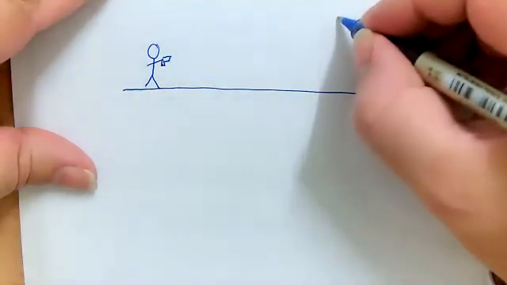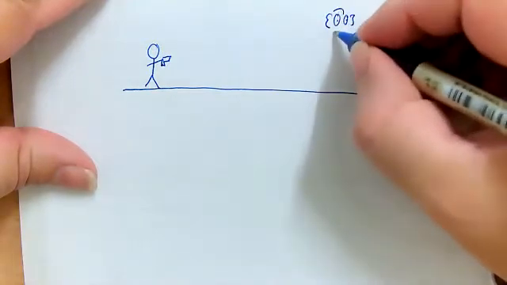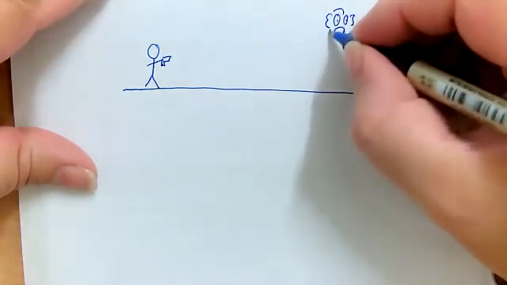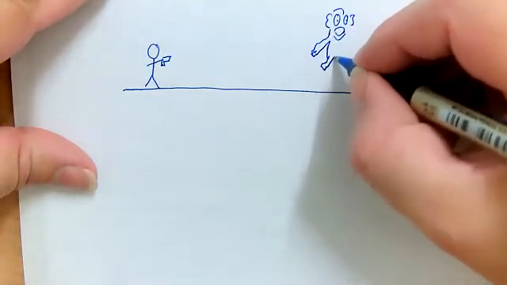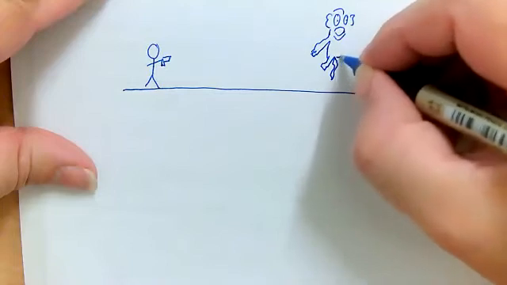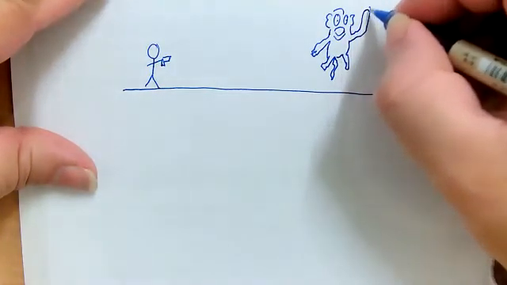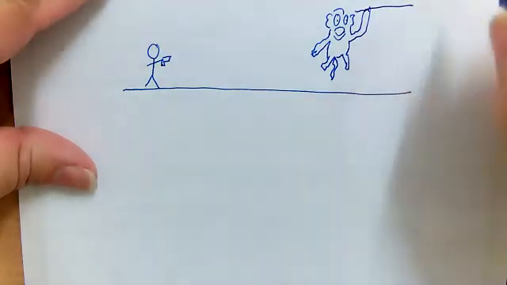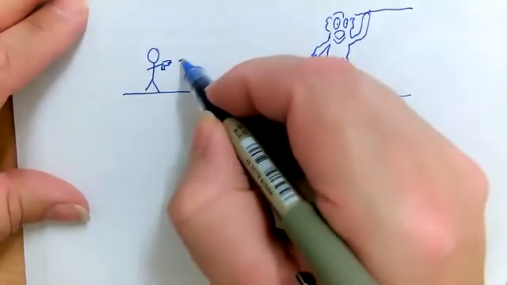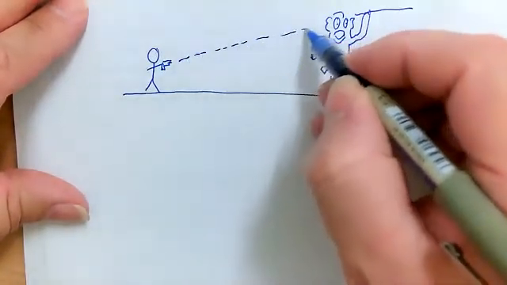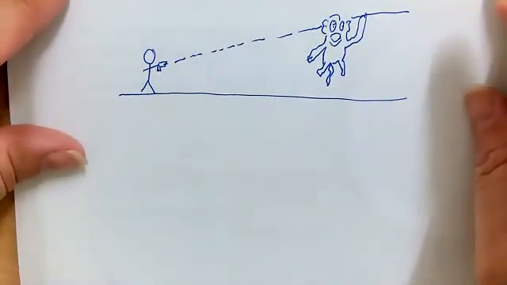And you've got a monkey. I can't draw monkeys very well. Try and draw him hanging on to a branch. If you take a direct line of sight, a straight line, obviously the hunter wants to shoot the monkey.